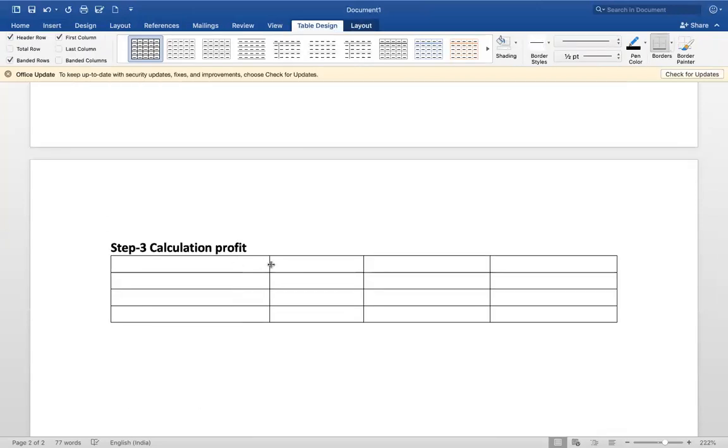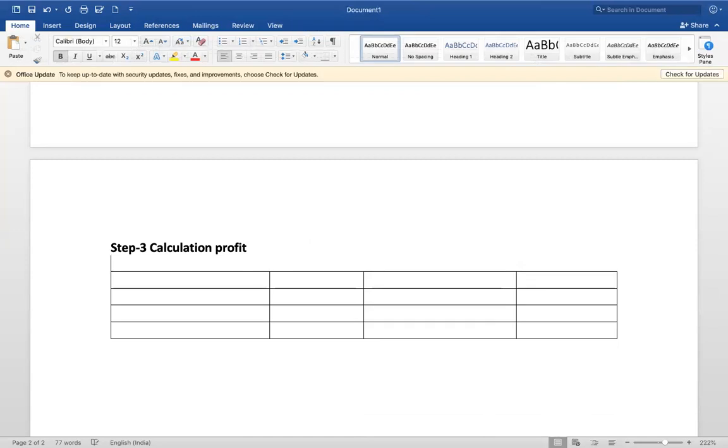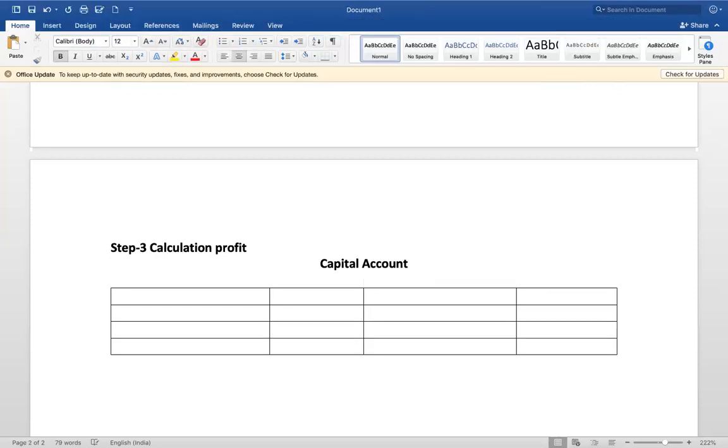Before that, you have to write the heading, Capital Account, in the center. Then particulars, and you will have debit and credit. Take it to the extremes.